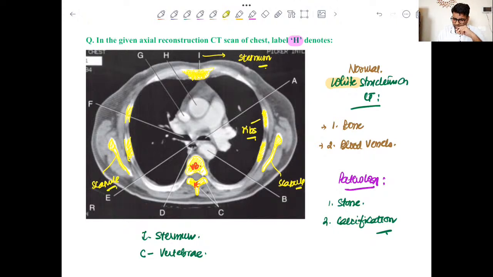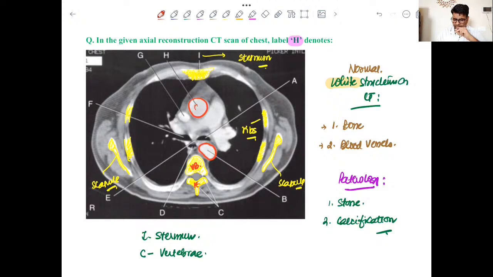Now we will move on to the inner structures, which are actually the blood channels, blood vessels, right? Now blood can be arterial blood, it can be venous blood. If you look at this and this, these are actually parts of the aorta, right?